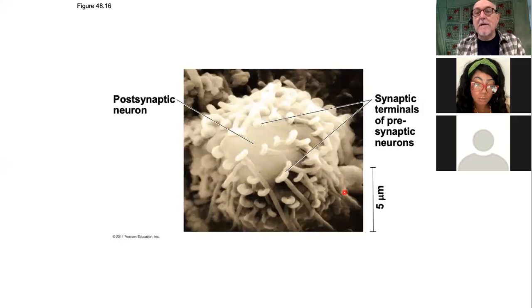Here is a cell body with nerve endings, with axon terminals impacting on the cell body itself. These are the thousands and thousands of synapses. And we can't tell just looking at them like this, but these synapses may be a mixture of excitatory and inhibitory synapses.